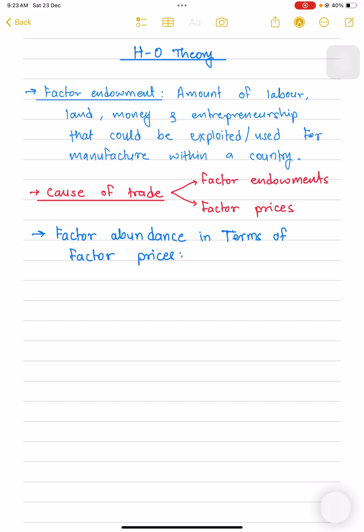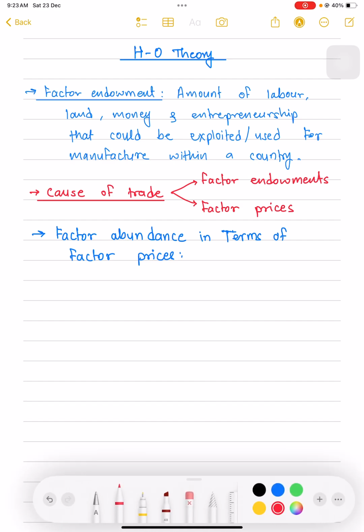And according to Heckscher-Ohlin theory, the cause of trade between two countries is differences in factor endowments. Please understand this, very important.